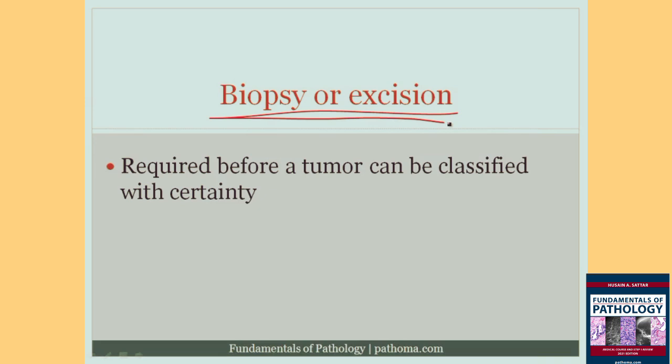The only way, again, to make an absolute certain diagnosis of cancer is that the tissue must be biopsied or it must be excised. And so that's an important principle to bear in mind, and that'll come into play later when we have some discussions about screening tests as well.